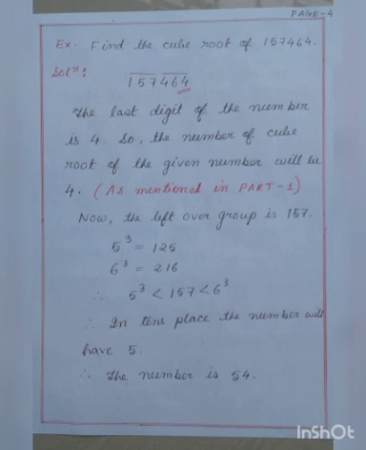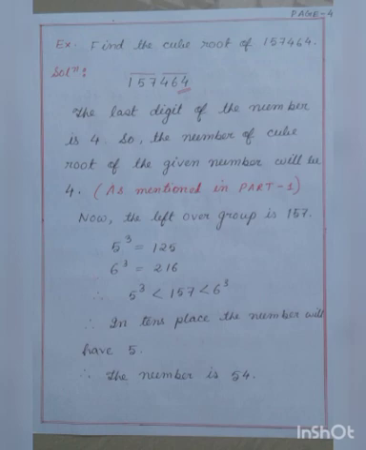The last digit of the number is 4, so the last digit of the cube root will be 4. Now the leftover group is 157. We know that 5 cube is equal to 125, 5 into 5 into 5, and 6 cube is 6 into 6 into 6, equal to 216. 157 lies between 125 and 216.